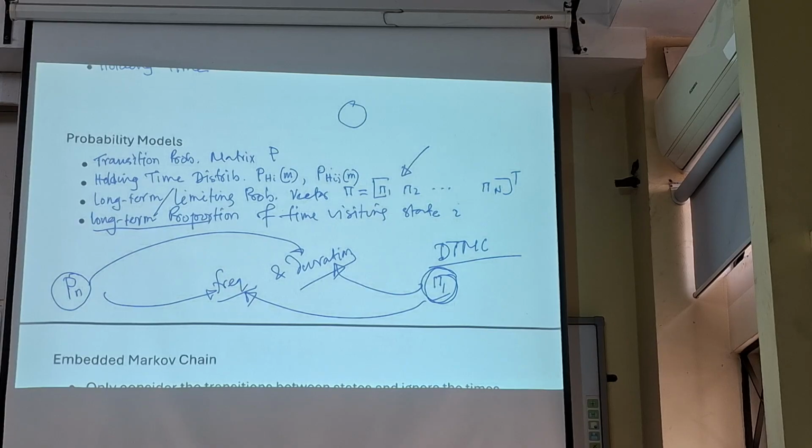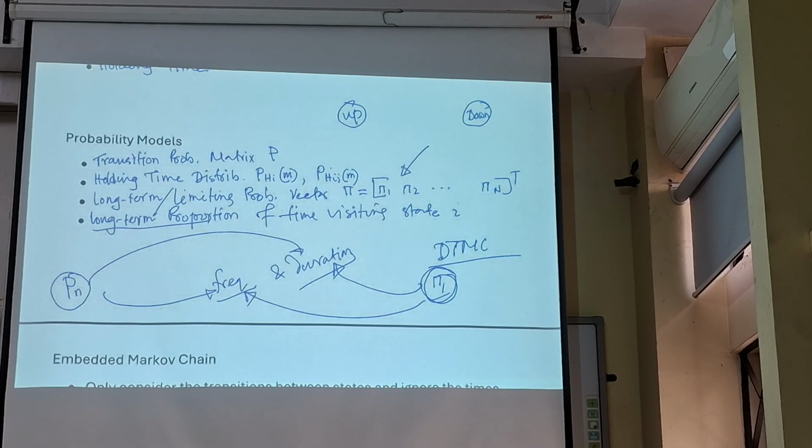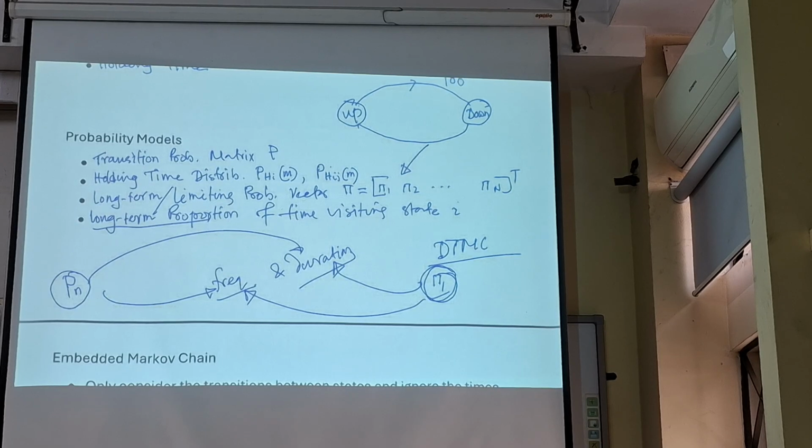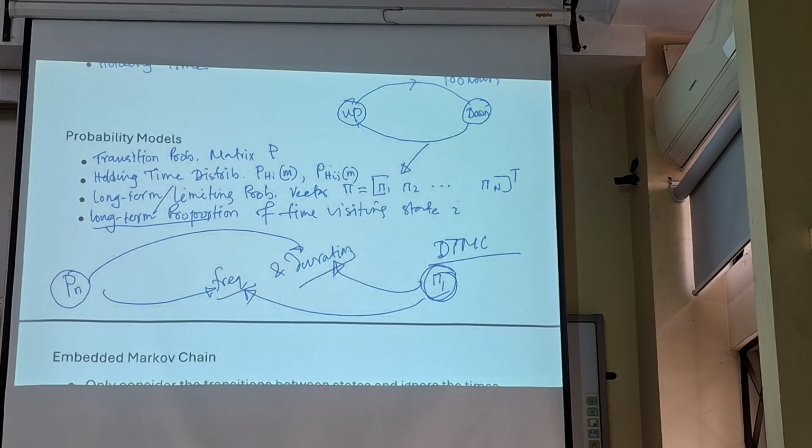We can consider an arbitrary Markov chain. Let's say it represents the up and down time of a machine. The conditions are very simple: from up it goes to down, and from down, when it is repaired, it goes back up. Let's say the average uptime is 100 hours and the average repair time is 10 hours.